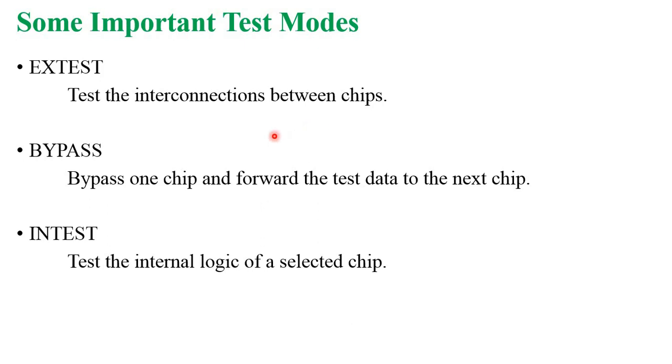That is one. And the second one, not only can we test the chips, we can also test the interconnections between them, and the internal logic present in the chip we test by using the INTEST. So these are the important tests present in the boundary scan test.